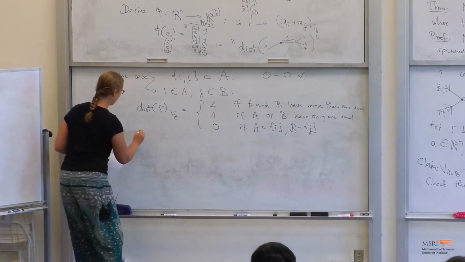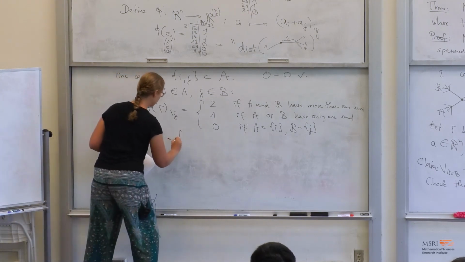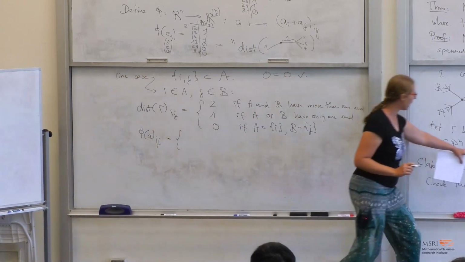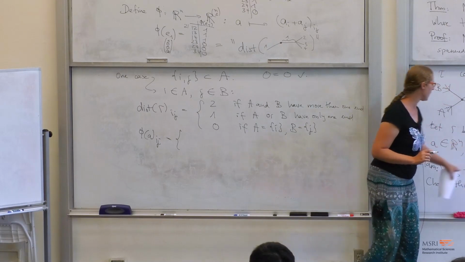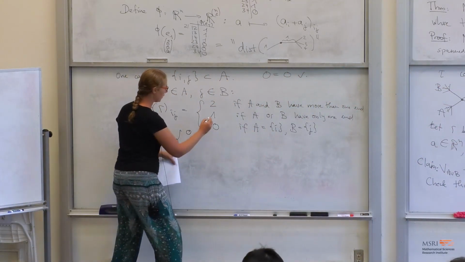Okay, what about the phi of A at ij? Okay, so a_i is 1 if we have an end, and it's 0 else. So phi of A is 0 in the first case.